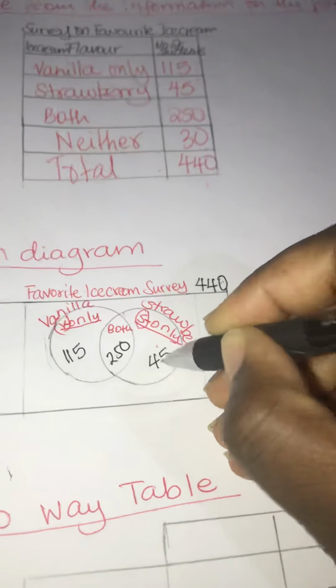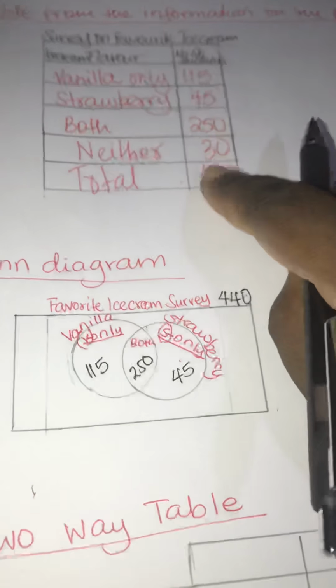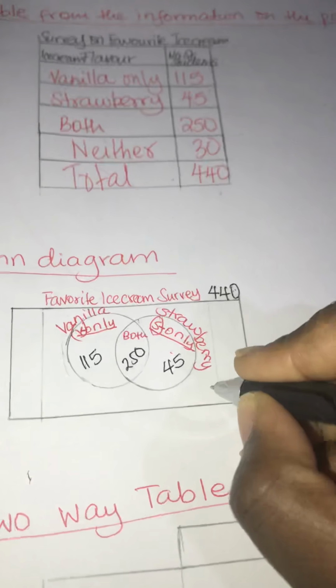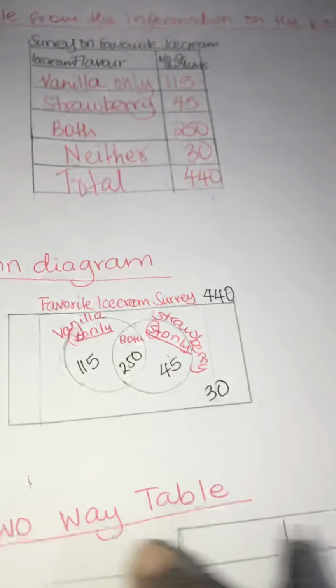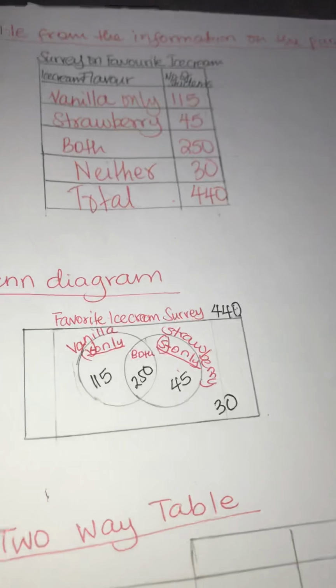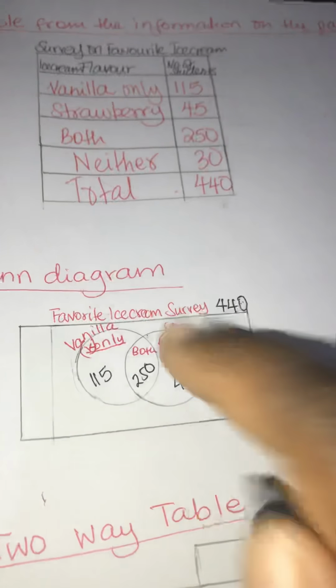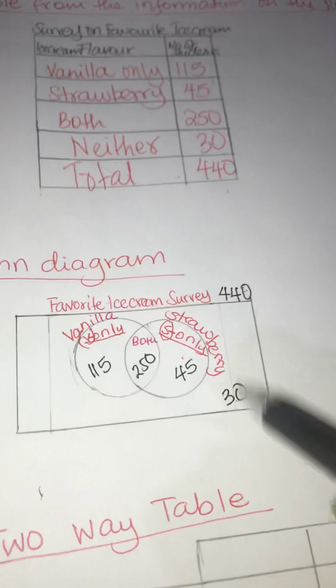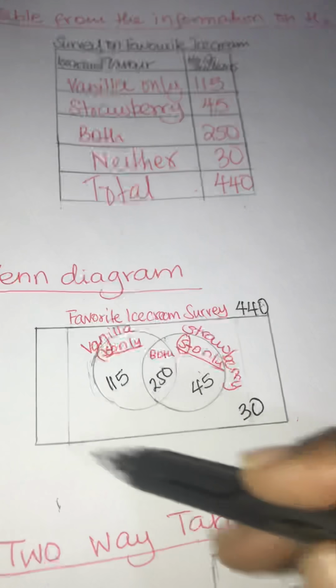Those who do not like, those who are in neither, those that don't want vanilla and they don't want strawberry, the neither, you must write them outside the circle, but inside the rectangle. Okay? You must. And this is complete, so if I add these 4 numbers, I should get 440. That is how you fill your diagram.